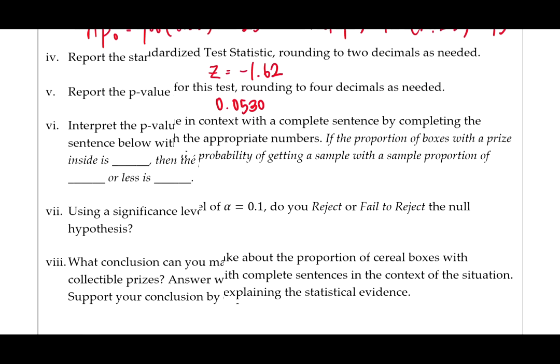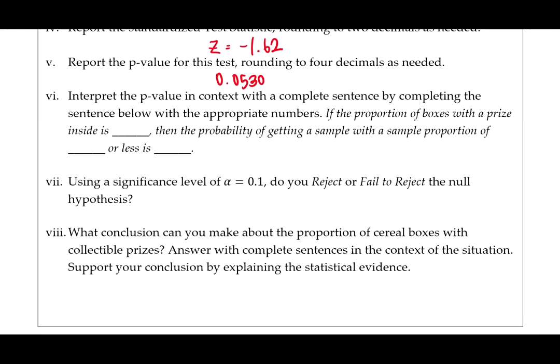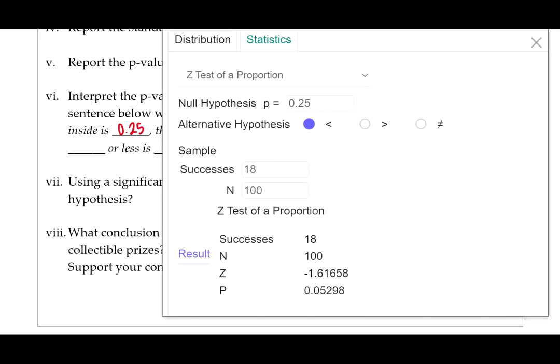Let's interpret this p-value in context. The p-value is based on the null hypothesis being true. Our null hypothesis stated that the proportion with prizes was 0.25. Then the probability of getting a sample with a sample proportion, well, what was our sample proportion? That was 18 divided by 100.